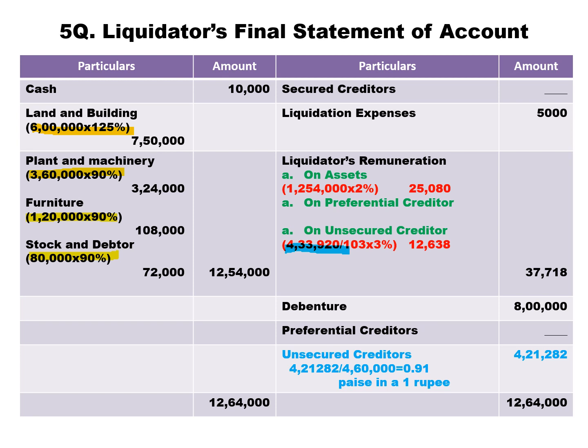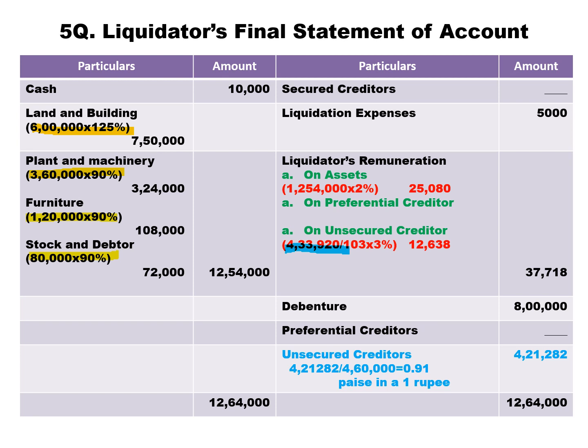12,64,000 minus the payments we made: minus liquidation expenses 5,000, minus liquidator remuneration on assets 25,080, minus debenture payment 8 lakh.